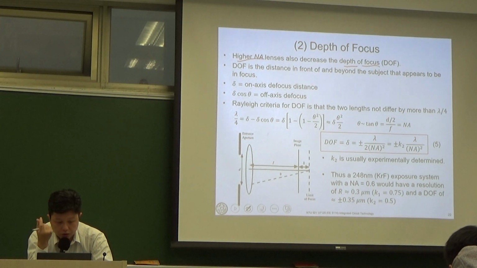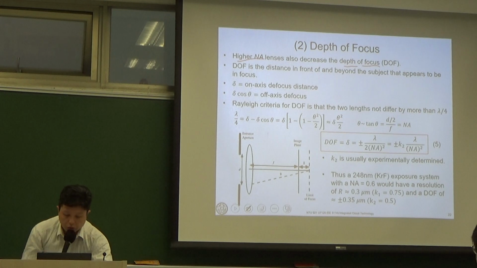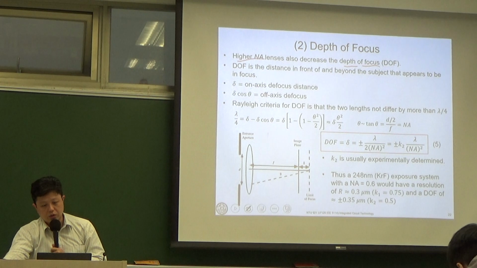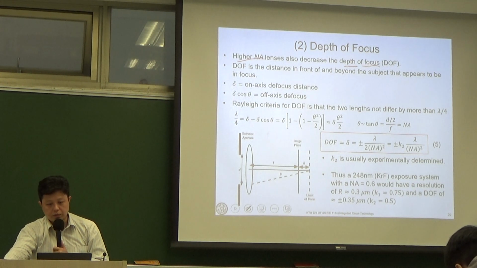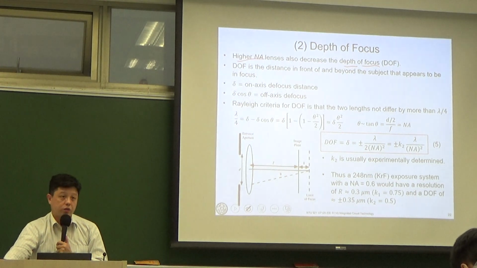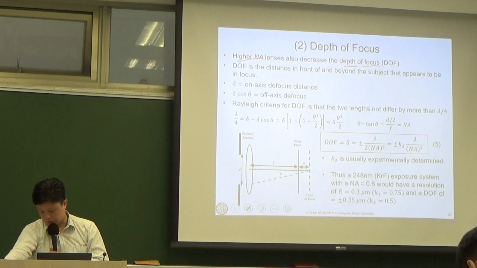So there's a certain distance over which you can focus your light. You have to make sure your image plane is placed in this depth of focus. The topology of your silicon wafers should be in the range of your depth of focus, this DOF. Otherwise, your light cannot be focused very well on your image plane.